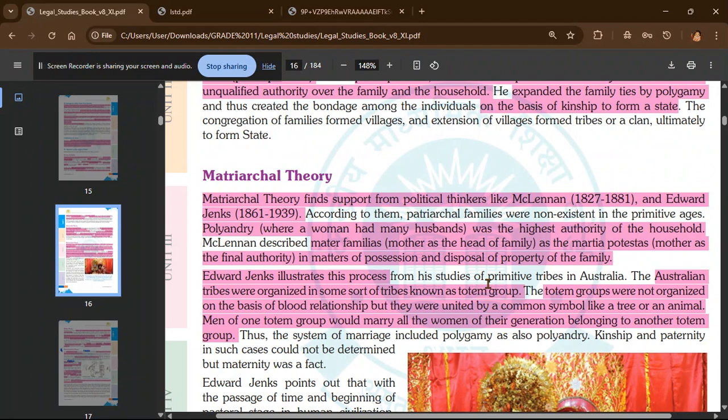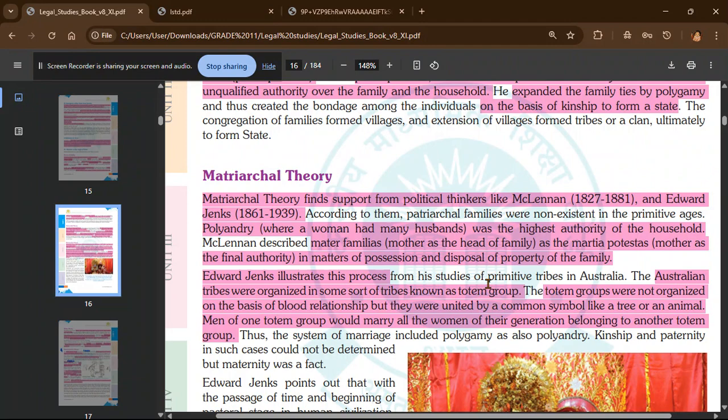Totem groups were not organized on the basis of blood relation or kinship affinity, but by a common symbol like a tree or an animal.